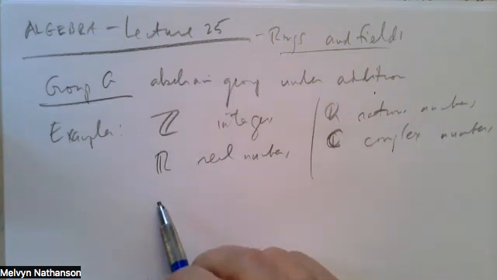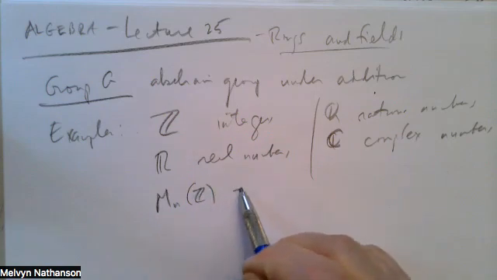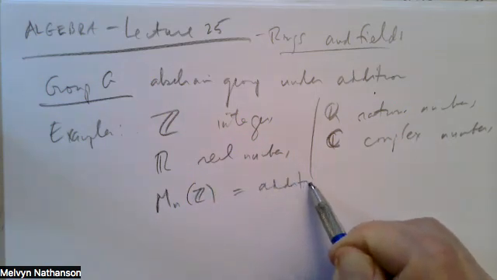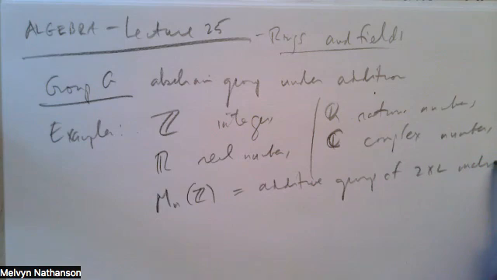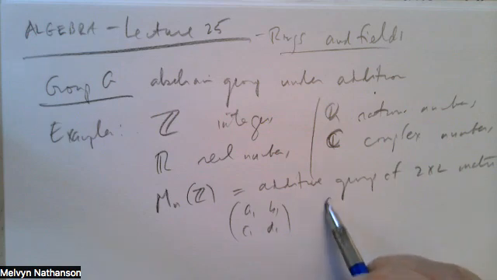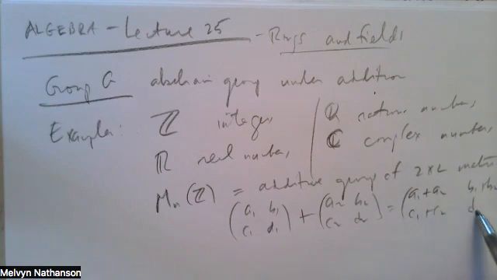Also, for example, let's say M_n of any of these, say Z. So this is the additive group of 2 by 2 matrices, where you add matrices by adding their coordinates. So if that's a matrix and that's a matrix, when you add them, you just add the respective coordinates. So these are all additive abelian groups.